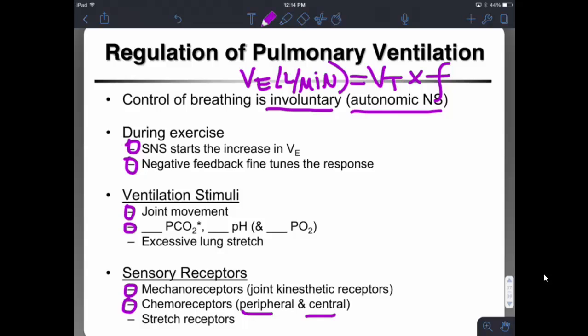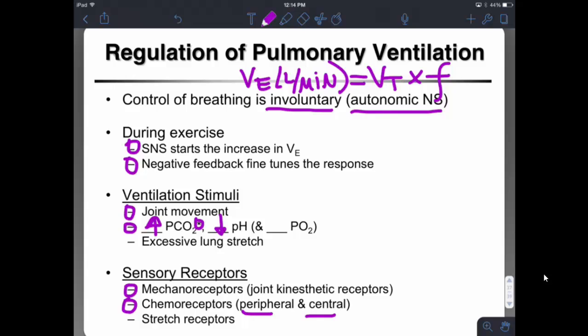So specifically during exercise, the type of changes that are going to stimulate an increase in breathing, first of all, would be an increase in PCO2. Okay? And there's a star here because this is the primary effector of ventilation, or the primary regulator of ventilation. The other chemical stimuli that would cause an increase in ventilation would be a drop in pH.